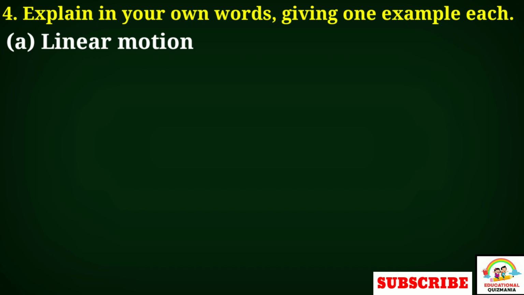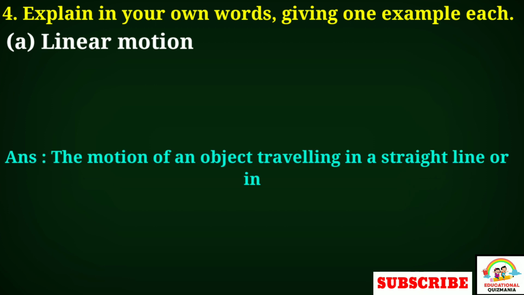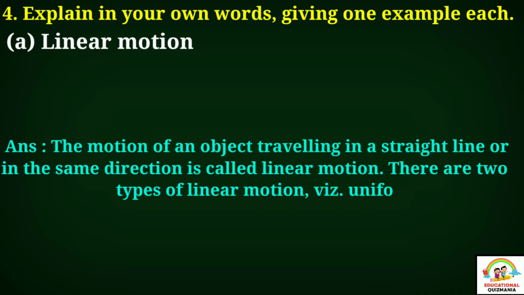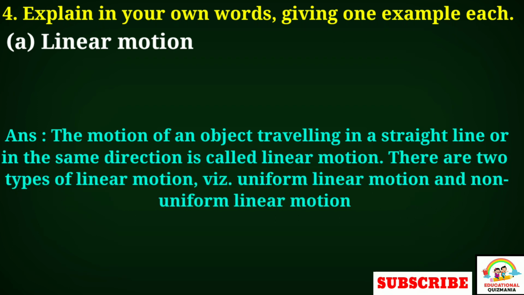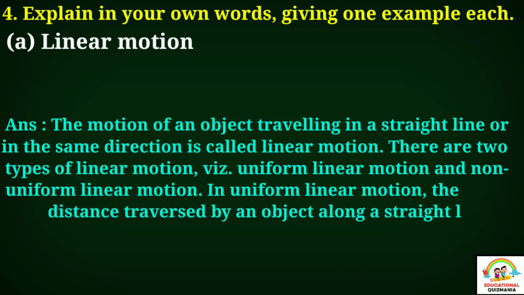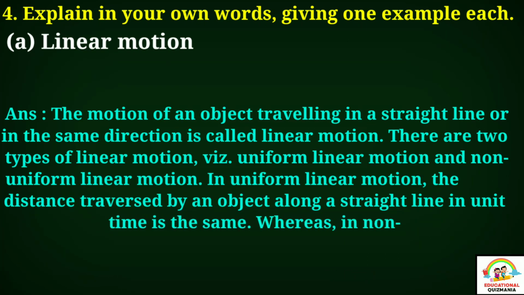Question number 4. Explain in your own words, giving one example each. A. Linear motion. Answer. The motion of an object traveling in a straight line or in the same direction is called linear motion. There are two types of linear motion, uniform linear motion and non-uniform linear motion.